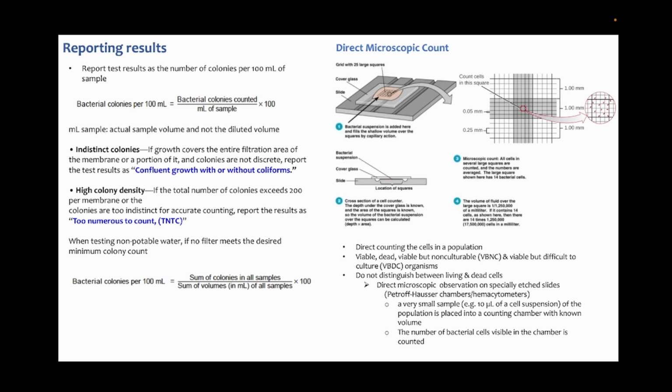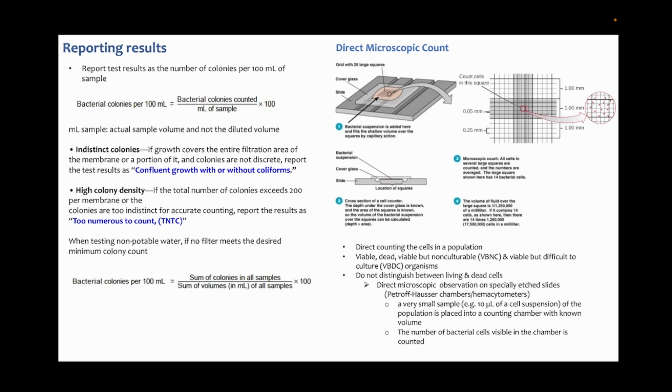So there is a depth here. Usually it's about 0.1 millimeter. Then from the size of the grid, so usually it's about 1 by 1, so 1 millimeter times 1 millimeter. That's the area. So the total volume that you see is about 0.1 millimeter cube.